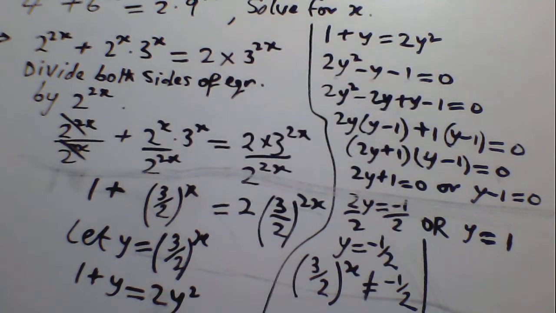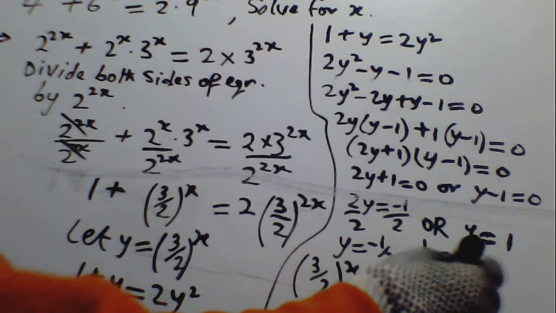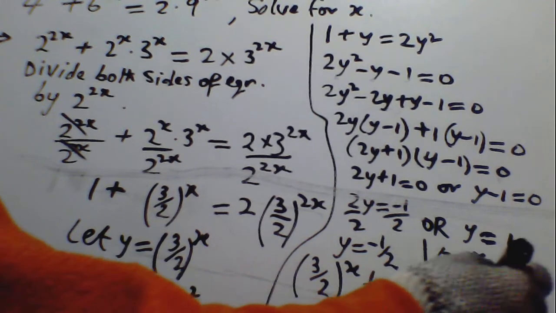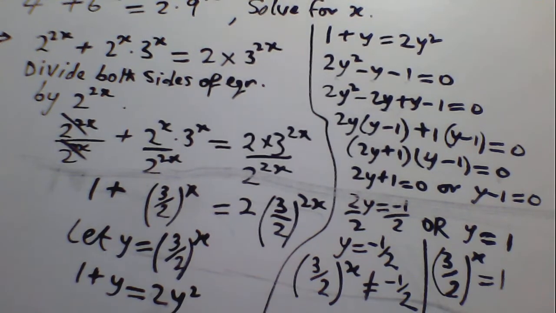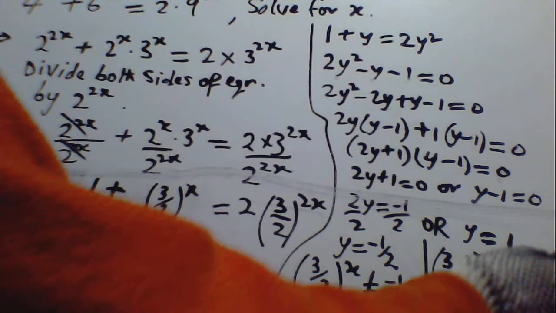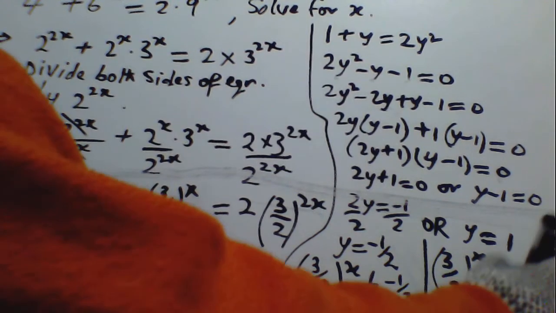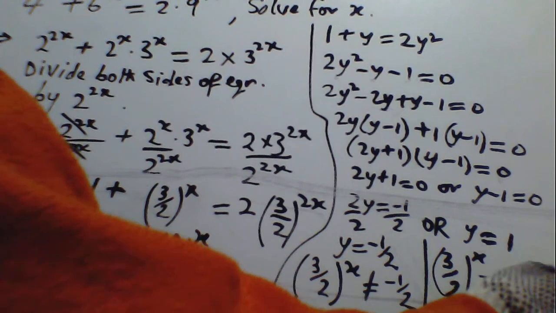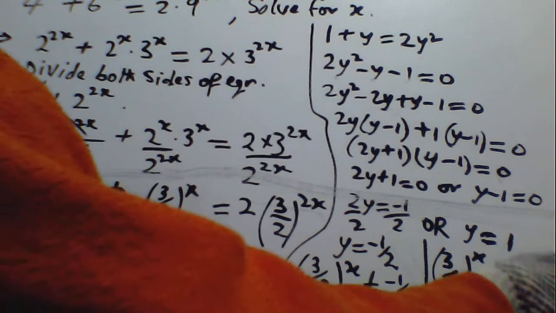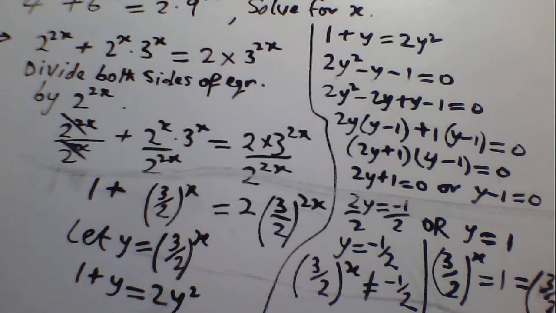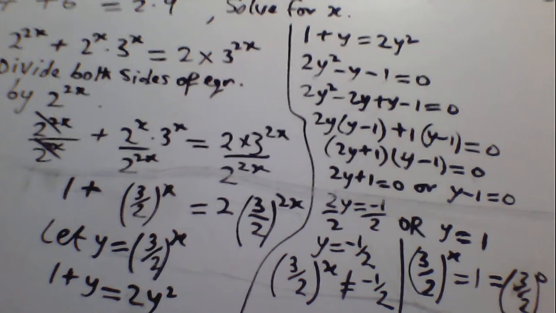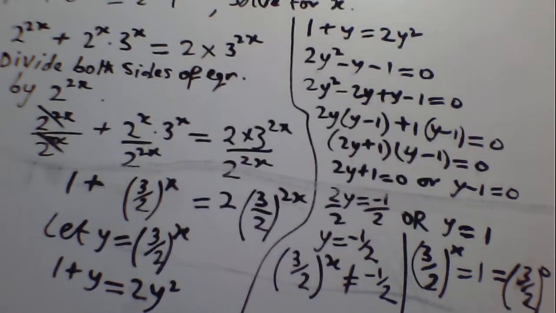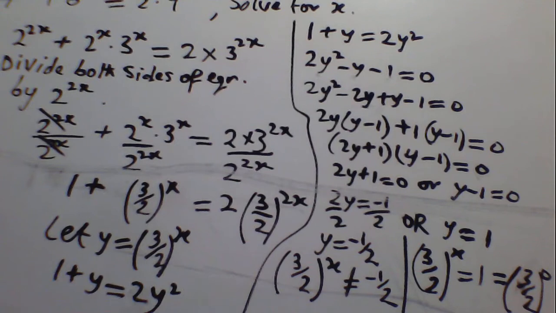The next is the second one, 3 over 2 raised to power x is equal to 1. This is possible because 1 is the same as 3 over 2 raised to power 0.